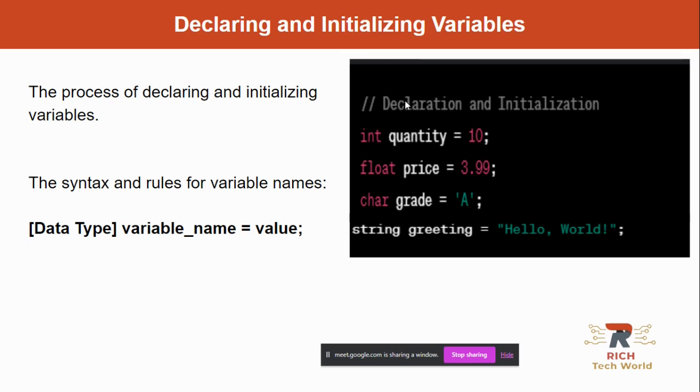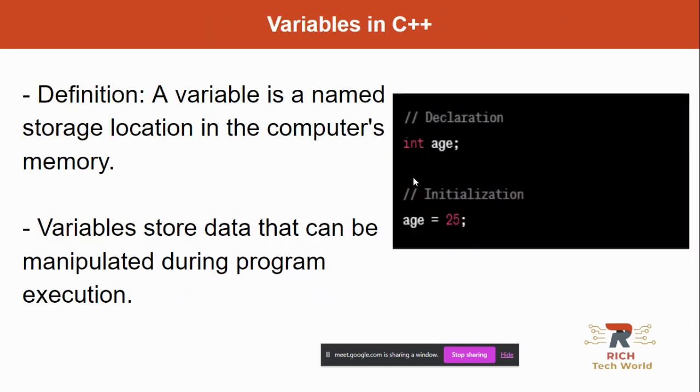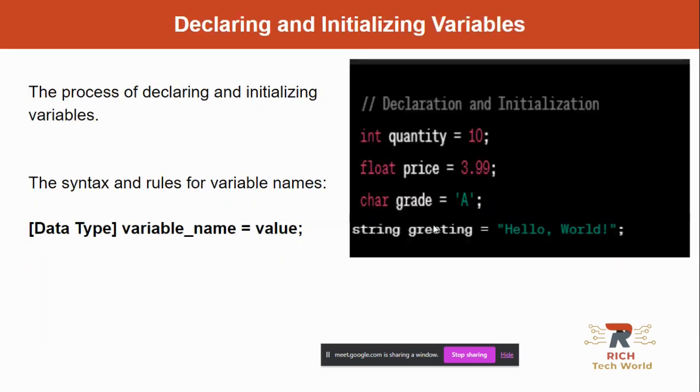Okay, so we are declaring and initializing the variable at the same time. You remember that in the previous slide we were declaring on one line, then initializing on another line. But here, we are declaring and initializing on the same line, because we know the initial value already.